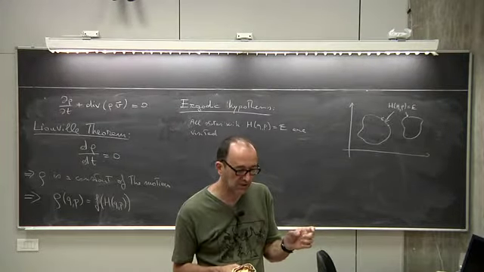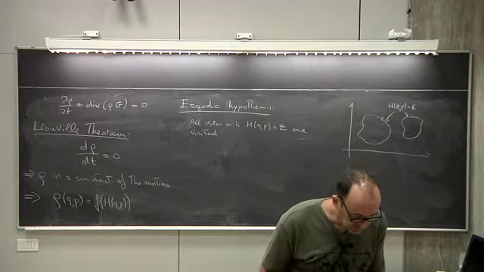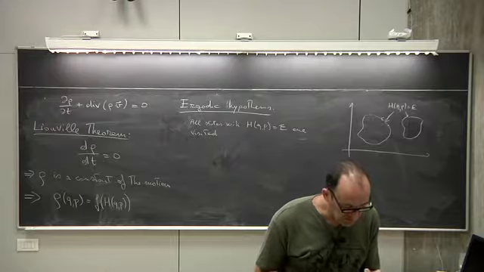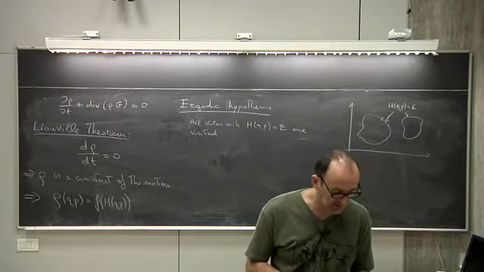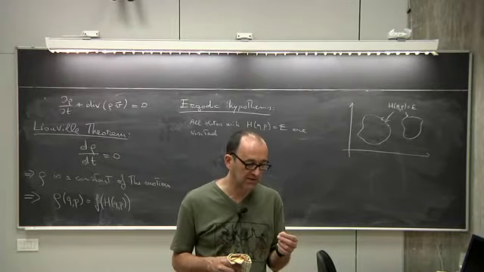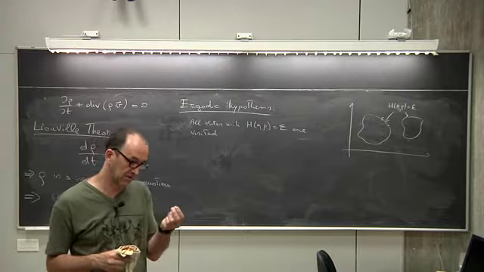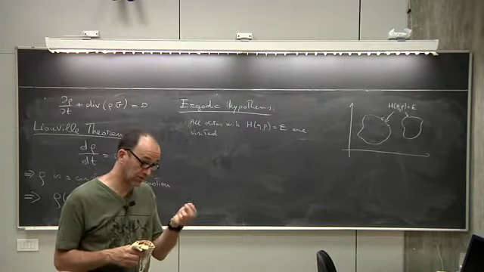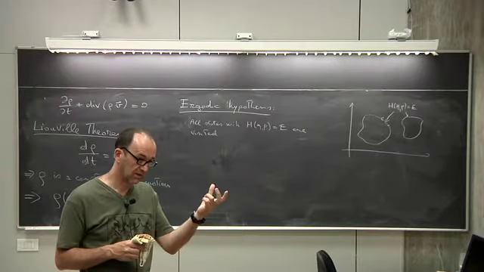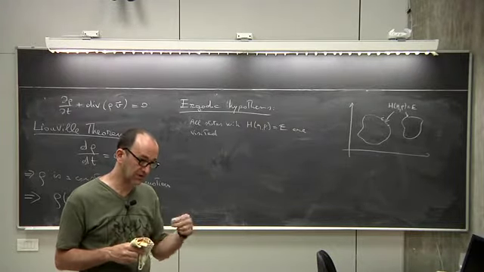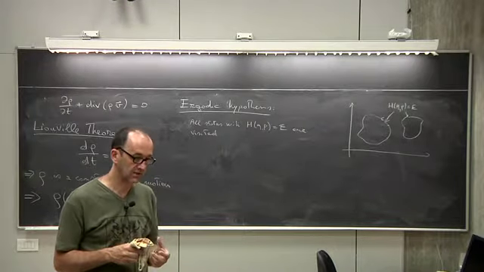So what is the question? Is this a definition, or is it an assumption? Yes, this is a definition. It's a definition of the density. You define the density of points of your ensemble in a particular point q, p as the frequency with which the system visits that point.